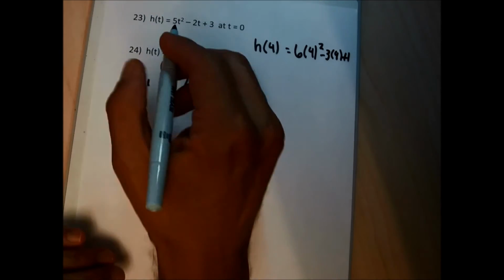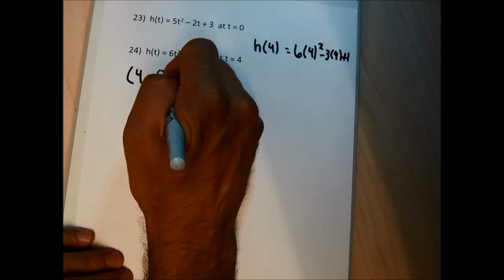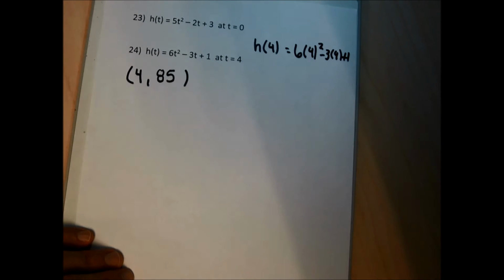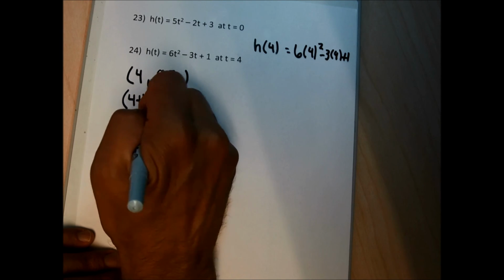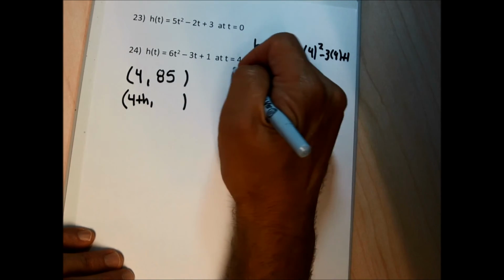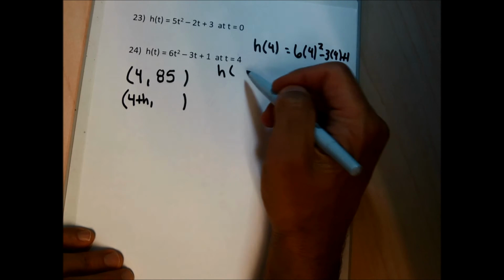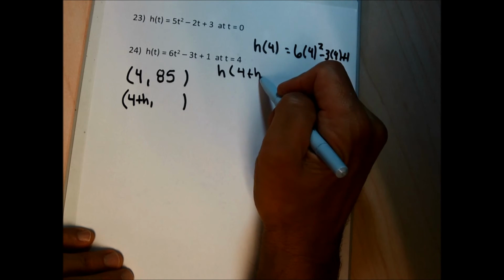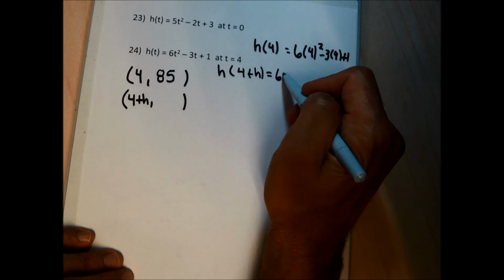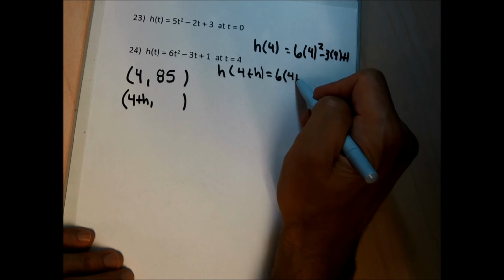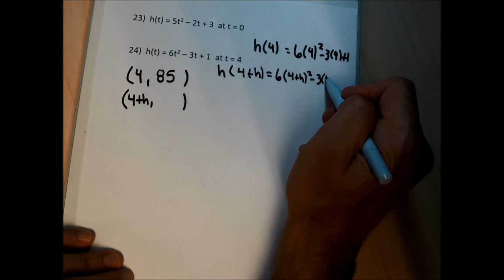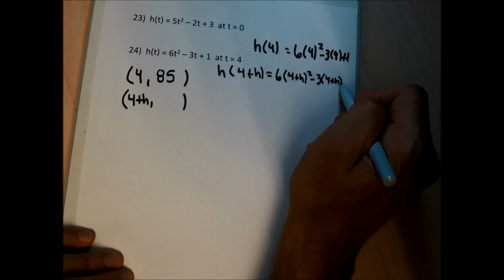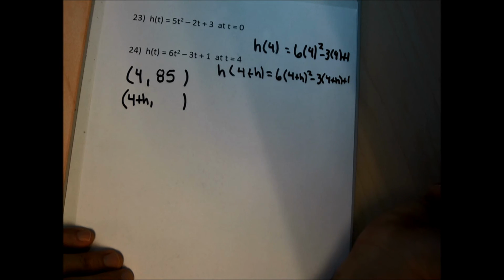I'm going to have to really stretch my window when I graph it. I'll probably make my y max 100. And then my next point is going to be 4 plus h comma something. And I get that by finding h of 4 plus h, which is going to be 6 times 4 plus h squared minus 3 times 4 plus h plus 1.